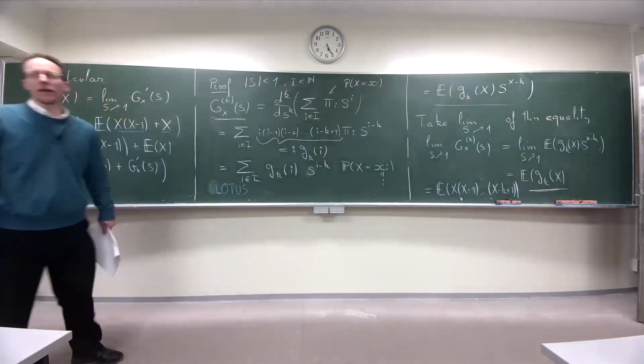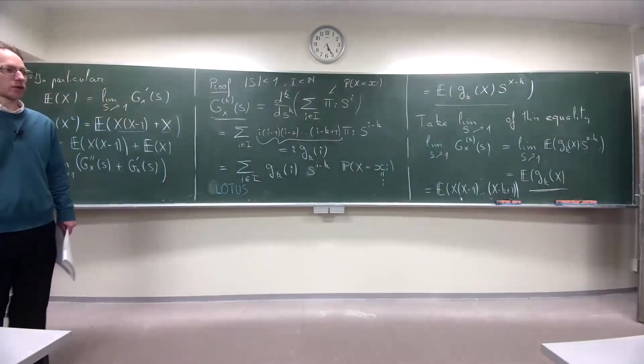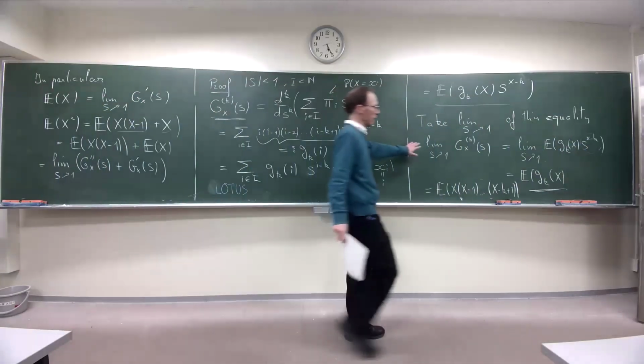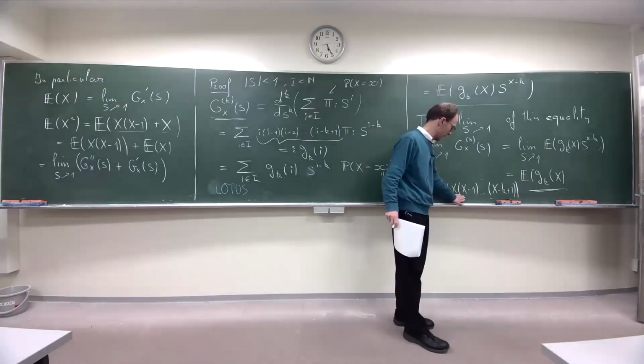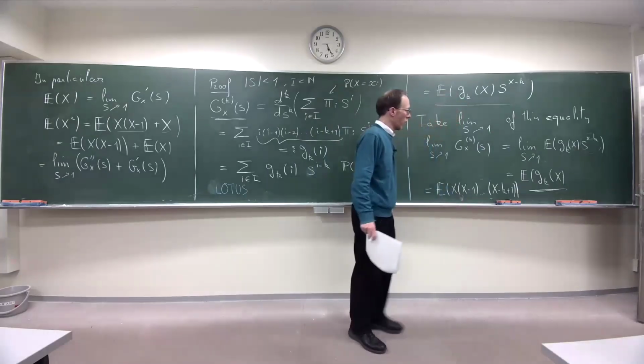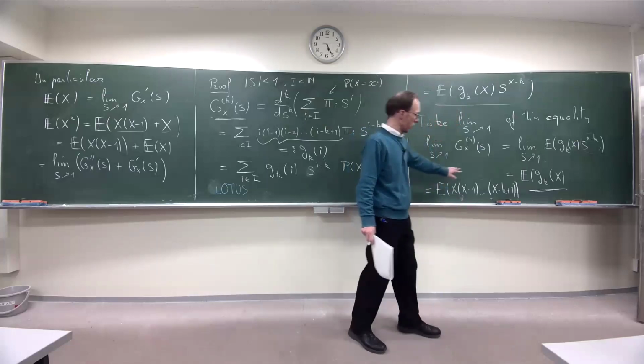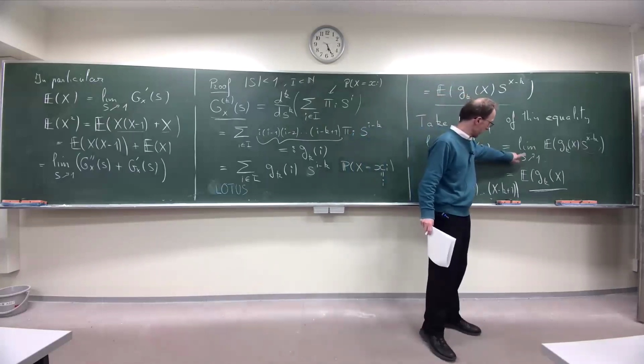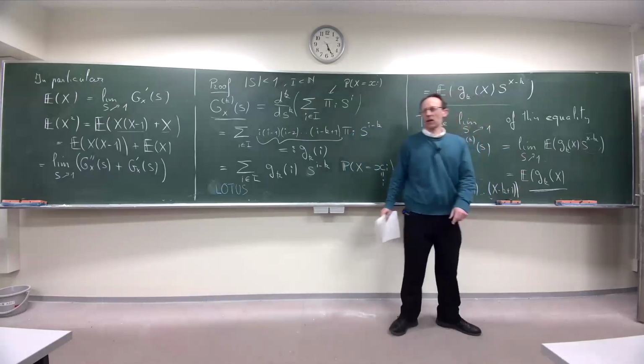The statement is that if this limit exists, it's equal to this one, which is what I had written. Where you need to be a bit careful is this part.